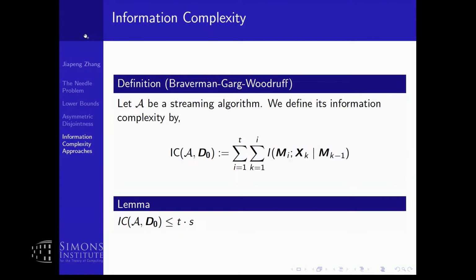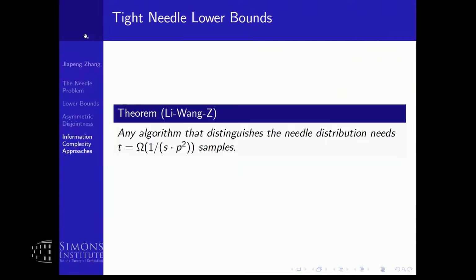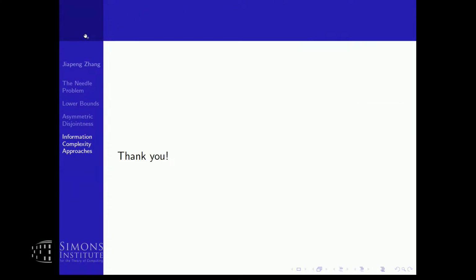I think this multipath generalization is our main contribution in this work. So we extended to the multipath notion, and therefore we can get the multipath tight bound for all P, S, and L. This is our main result. I'm almost finished. Thank you.